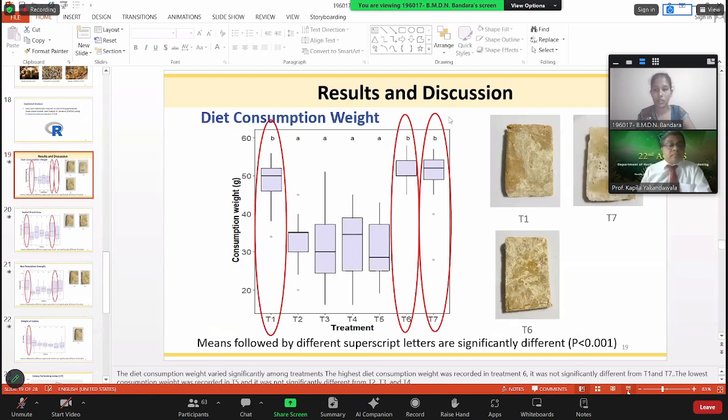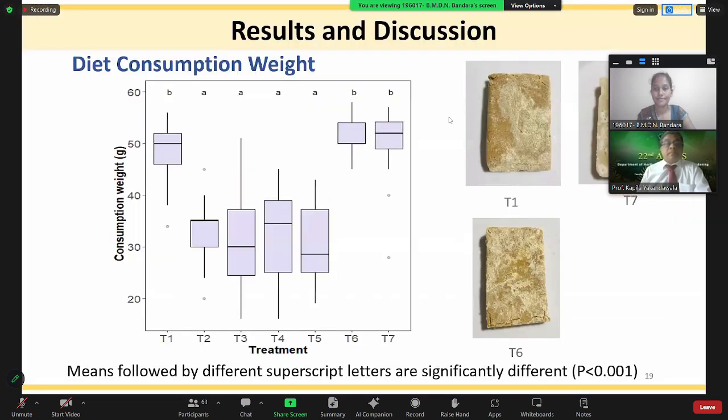So this is diet consumption weight, and the consumption weight is higher in T1 and T6.